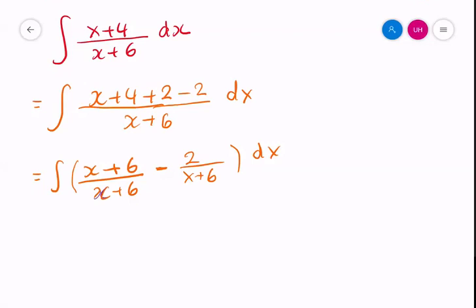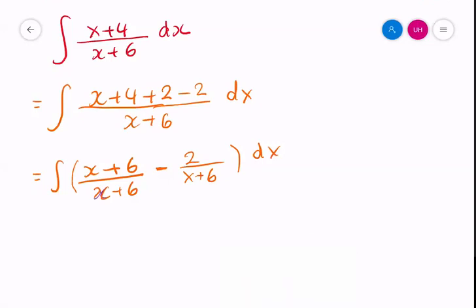Okay, but how did it become x plus 6 then? Because x plus 4 plus 2 is x plus 6. Isn't it supposed to be 0, like you said? When I say 0, it means the value is not going to change the equation.